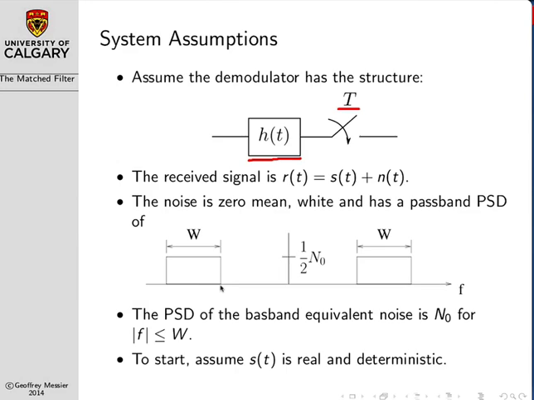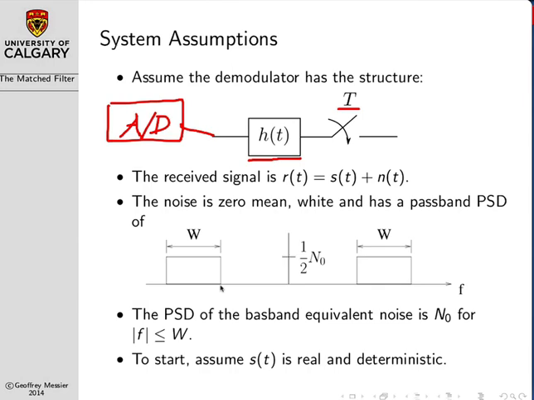But really, if we look at the actual implementation of digital communication systems today, this filter would be a discrete time filter. And so we would have at the front end to our demodulator an analog to digital converter that would be sampling at the Nyquist rate, and then those samples would feed into our discrete time filter H.